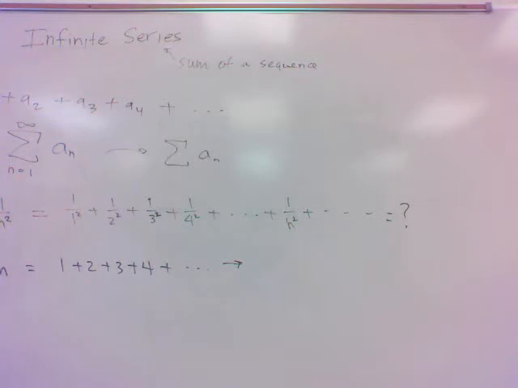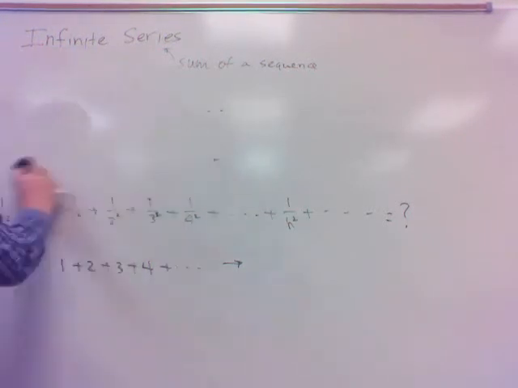It won't ever converge to a particular number. So that's what the rest of this is all about: coming up with the sums, or seeing if the sums of these series actually converge to a number. We'll do that different ways.